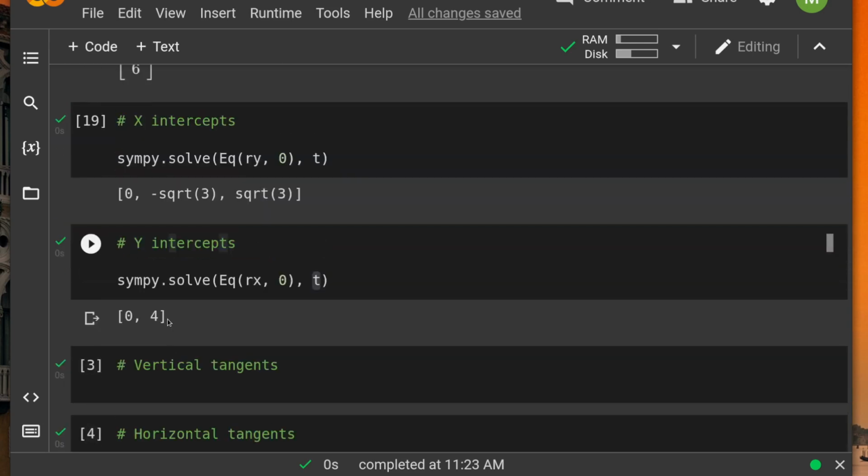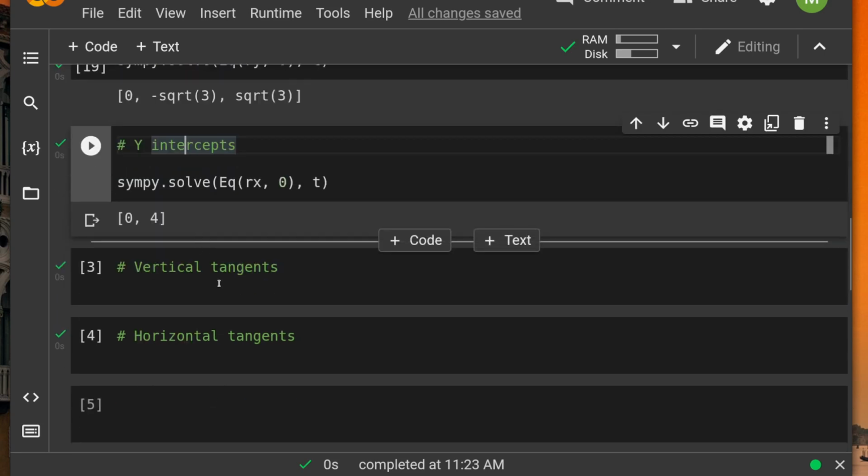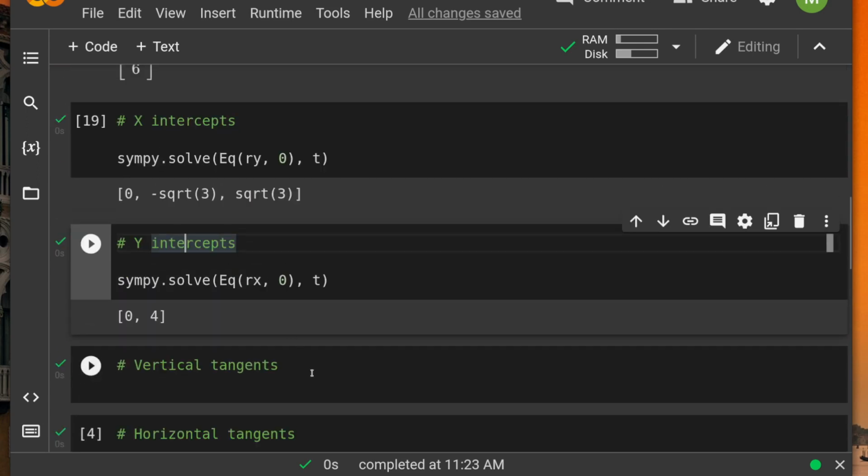It's always good to make sure ahead of time that we get what we expect. Okay, so we've got the values for the parameter that give the y-intercepts. We don't have the points yet. That's why I've got these question marks there.